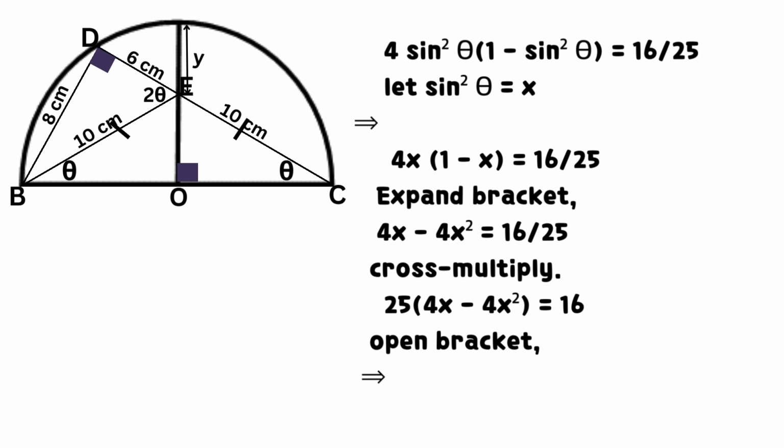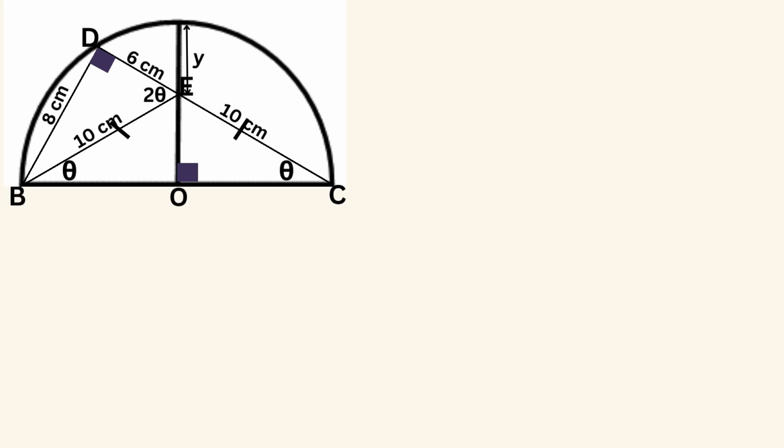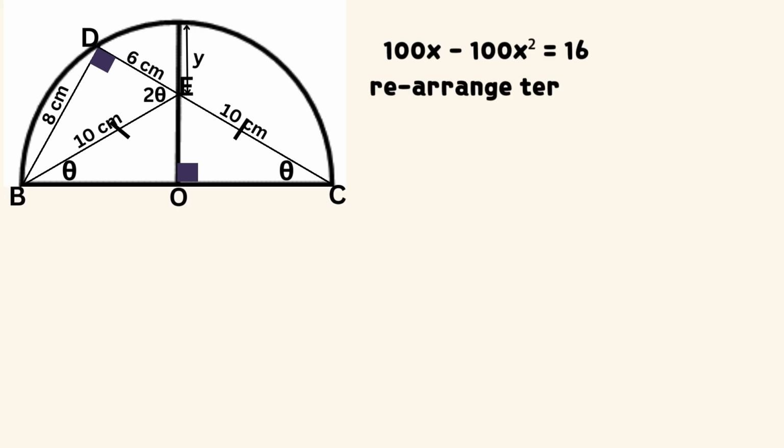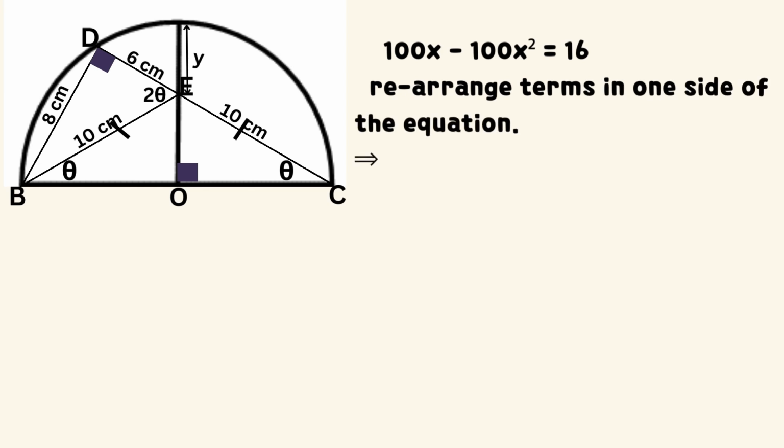Cross multiply and we have that the product of 25 and 4x minus 4 times the square of x equals 16. Open bracket. 100 times x minus 100 times the square of x equals 16.